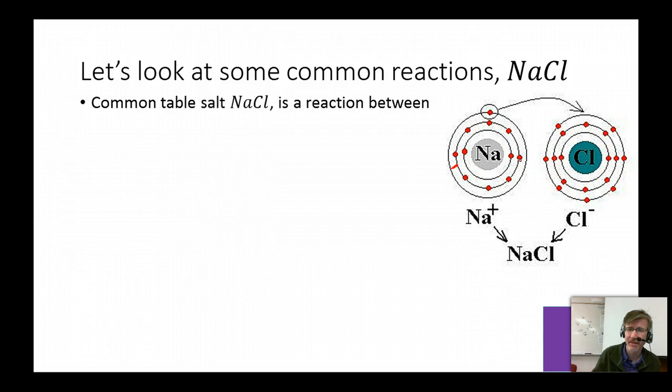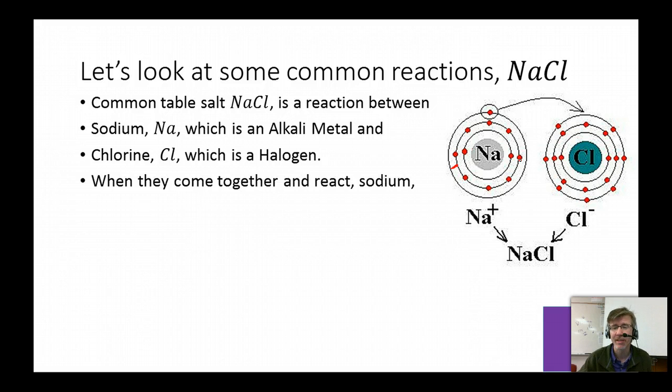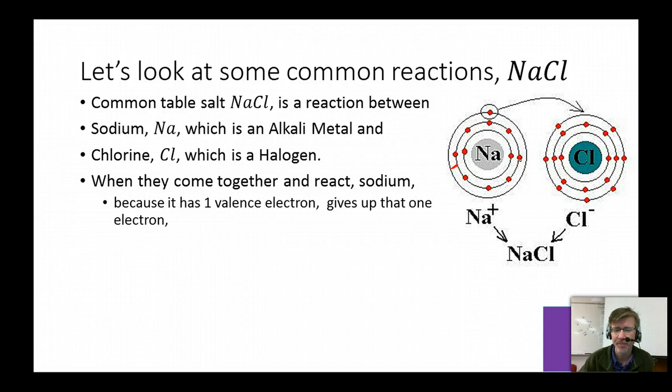Look at the valence electrons. Common table salt, sodium chloride, is a reaction between sodium, Na, an alkali metal, and chlorine, which is a halogen. Alkali metals, which group? Group 1. When they come together and react, sodium, because it has one valence electron, gives up that one electron. We knew this because it's an alkali metal, because it's in group 1.